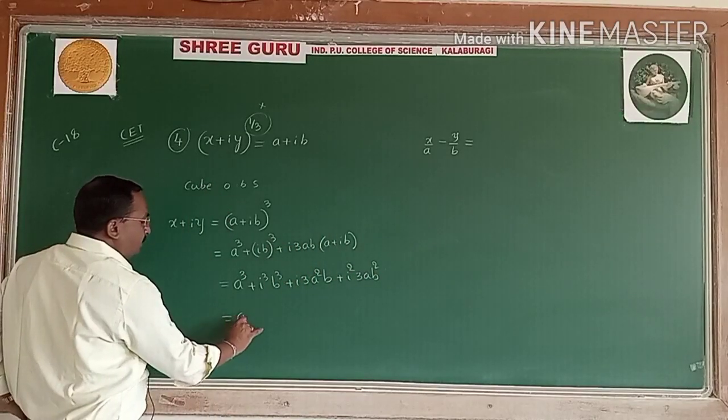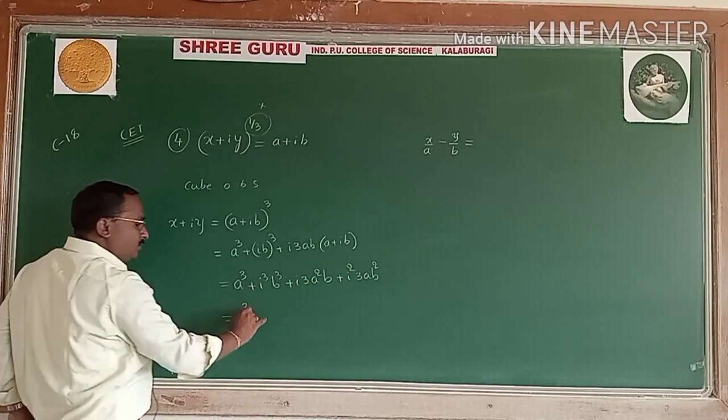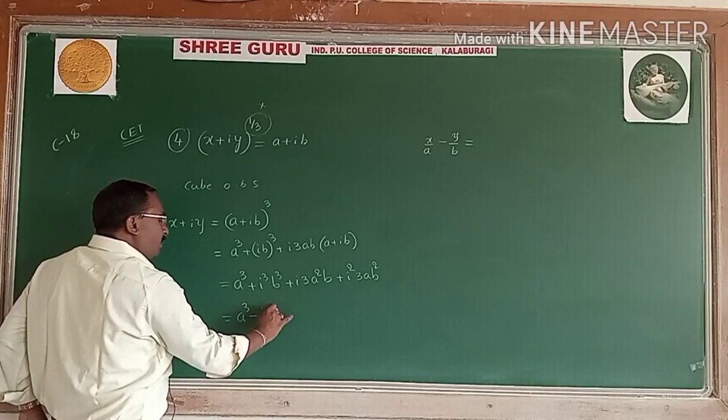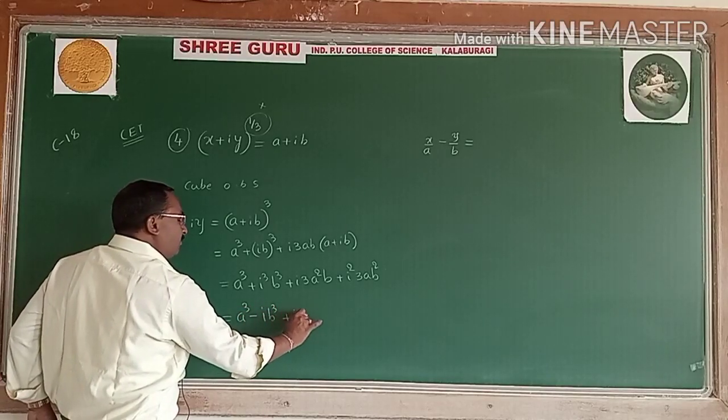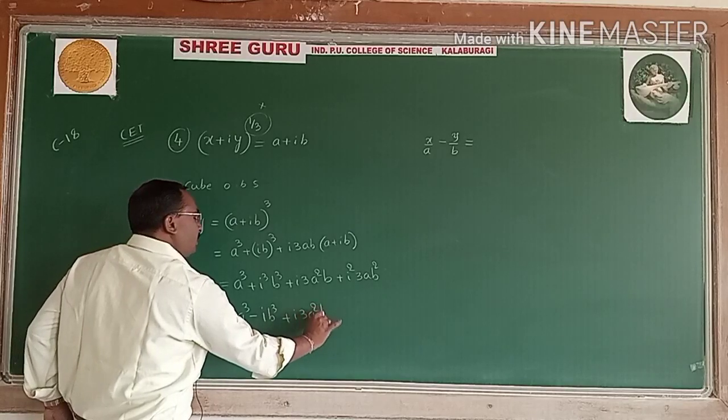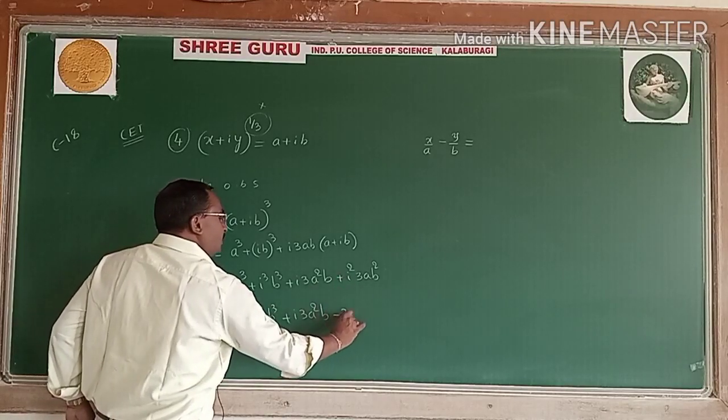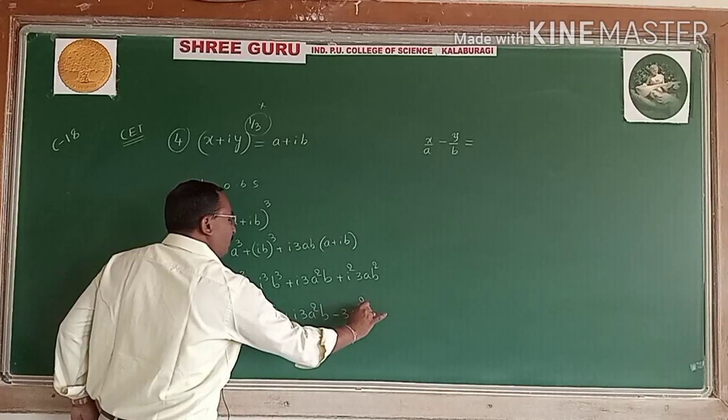Here a cube as it is, and the i cube value is minus i, so minus i b cube, plus i times 3a square b, and i square value is minus 1, so minus 3ab square.